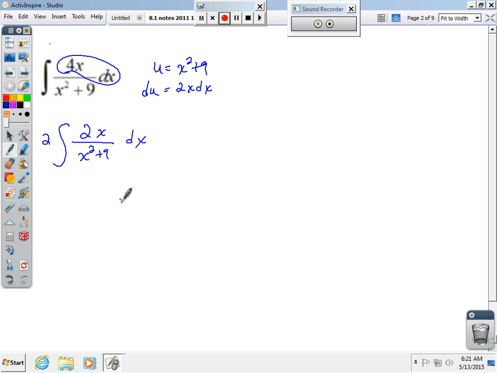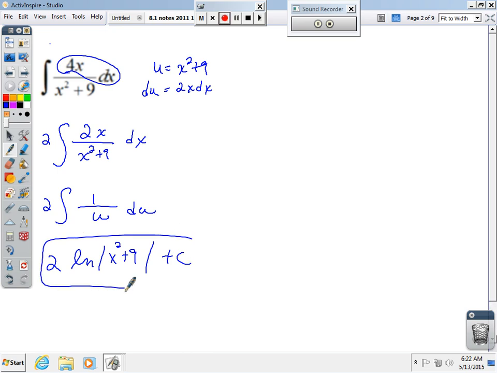Now I can rewrite everything in terms of u. So I'm going to get 2 times the integral; the 2x dx is now du, so I'll put 1 du, and the denominator becomes just u. We have 1 over u, and the integral of 1 over u is 2 ln absolute value of u, which is x squared plus 9. And then don't forget your plus c.